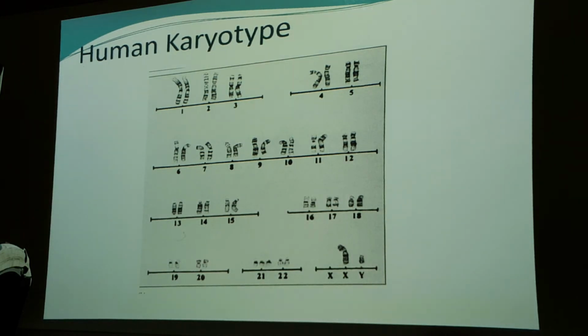There's missing one? No. What's the deal on 21? It's got 3 21s. And this is the kind of thing that they're looking for. This individual will have Down syndrome, or as it's the more modern term is trisomy 21.